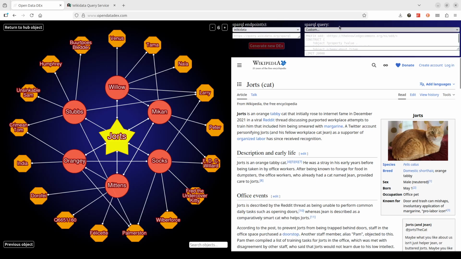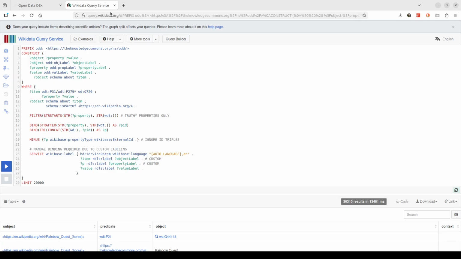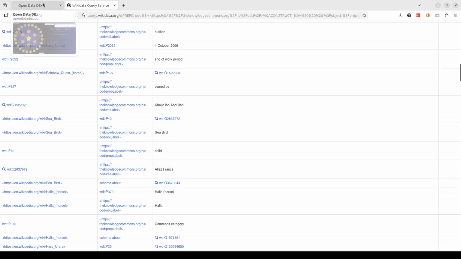So I would say, let's go back to the dog graph. I would say let's try to get notable dog data as robust as horse data here.